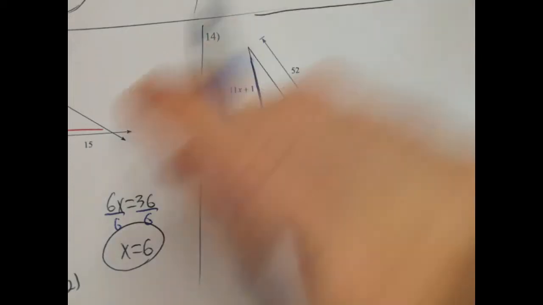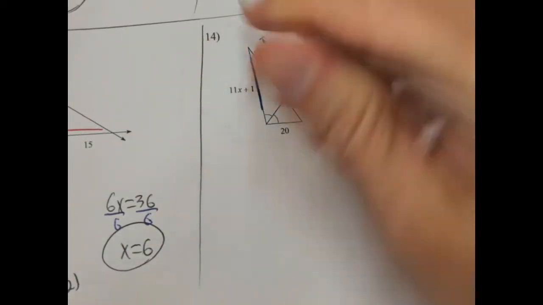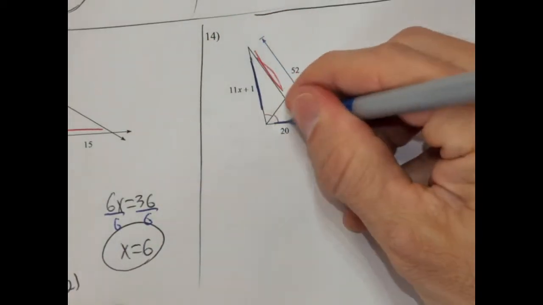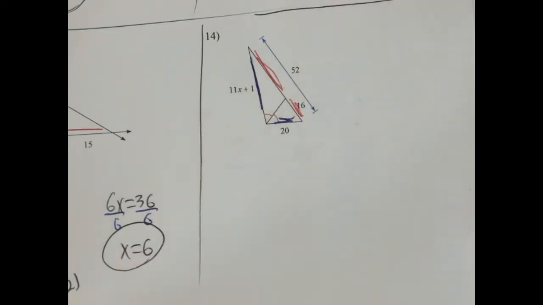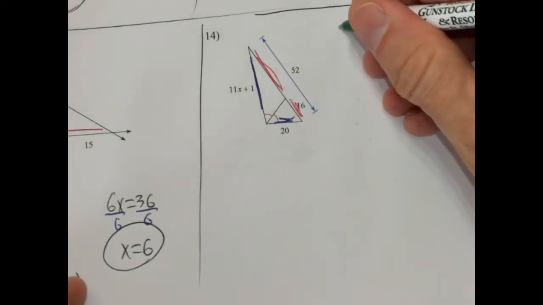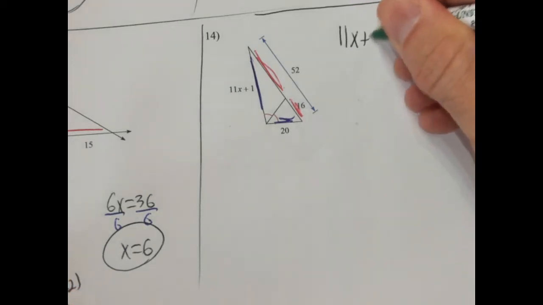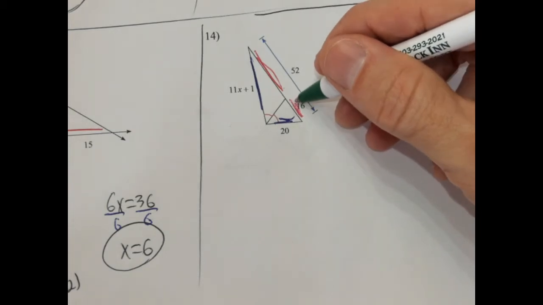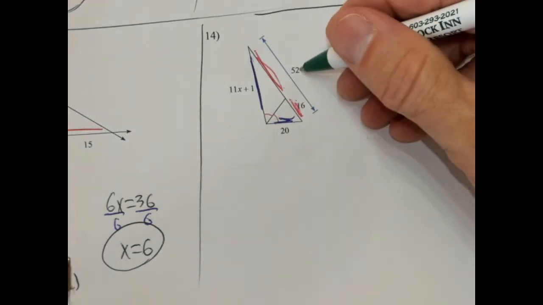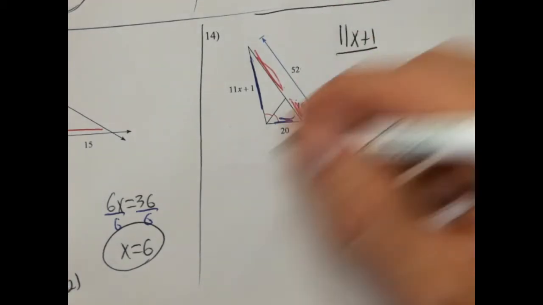So we're going to go blue over red is equal to blue over red here. So we're going to go with 11x plus 1 over, now we don't know what that is, but we know the whole thing is 52. This is 16, so if we subtract 16 from this, we'll know what that is. So let's do that over here.